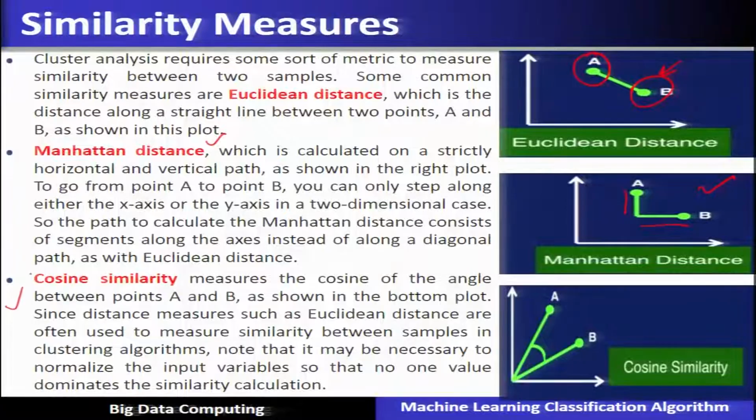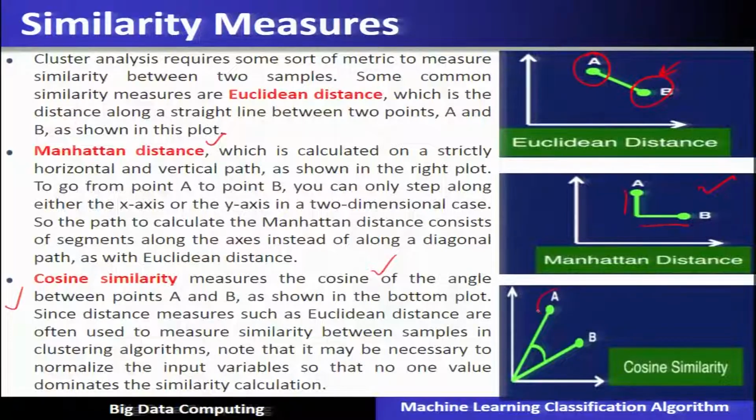Finally, there is another similarity measure which is also very popular besides all these, called cosine similarity. In cosine similarity, there is a measure of the cosine of the angle between two points.